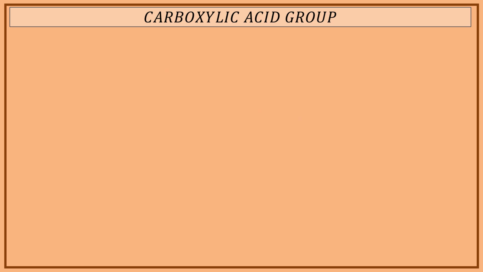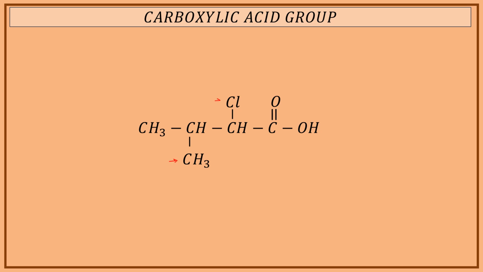Let us see our next example, in which along with the methyl group we have introduced a chlorine group as well. From our earlier discussion, we will recall that a chlorine atom is always treated as a substituent just like the methyl group. Okay, and it appears in the prefix of the IUPAC naming. So, to name this compound, we will start numbering from this carbon atom and we will get the position of each substituent.